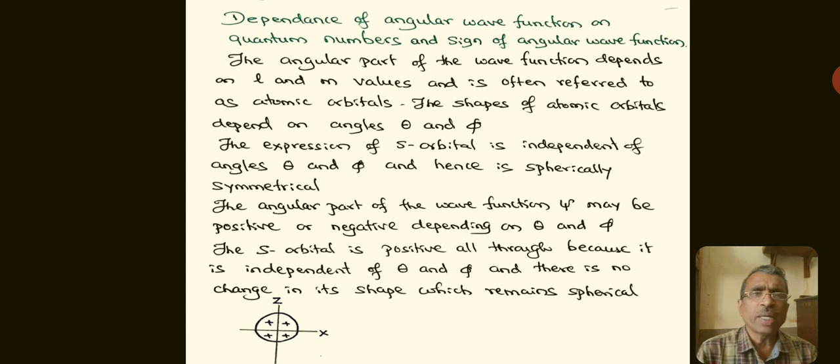The s orbital is positive all through, because it is independent of theta and phi, and there is no change in its shape, which remains spherical. Therefore, the shape of the s orbital is spherical and it is positive.